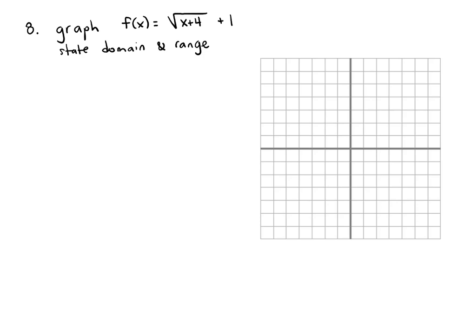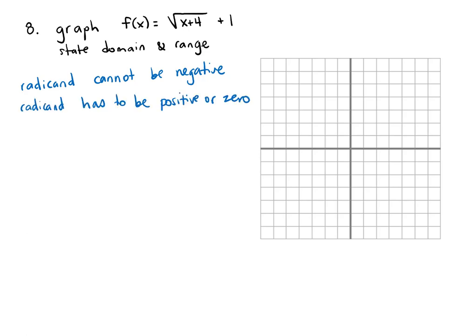But what we want to know is that the radicand in a radical has to be positive or 0. It cannot be negative. When we say that the radicand cannot be negative, we say it has to be positive or 0. These are words I expect you to know.